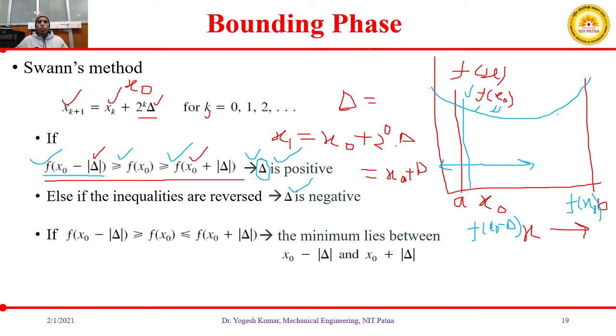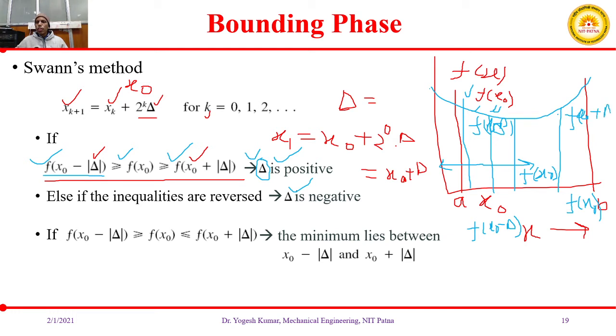Suppose we reach a certain value where fx0 is here, and we reach a certain point where fx0 minus delta is greater than fx0, as well as fx0 plus delta is also greater than fx0.